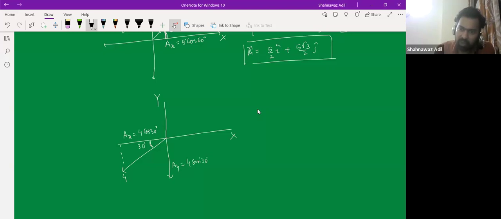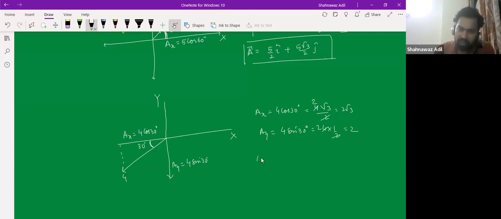So Ax is 4 cos 30, which is 4 root 3 by 2, so this is 2 root 3. And Ay is 4 sin 30, which is 4 by 2, so that is 2. But there's a trick to this question.